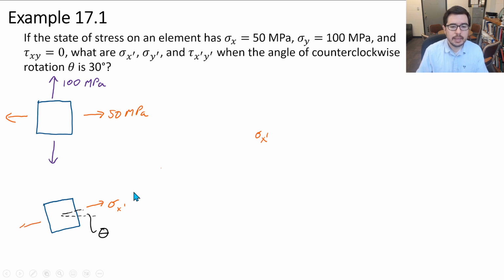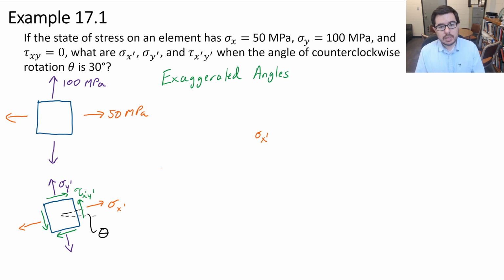We can define the sigma y prime that we desire in this problem. And we can also define our shear stress, tau x prime y prime, right, on this face, and then on these two faces as well, to keep this new transformed element in equilibrium. Okay, so essentially we haven't set up the triangle yet, but we've now defined the problem.